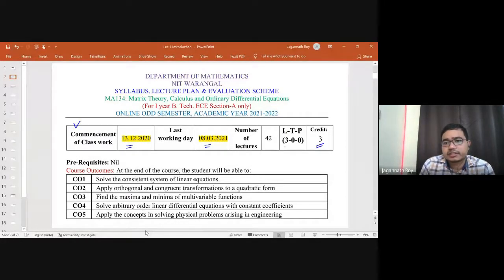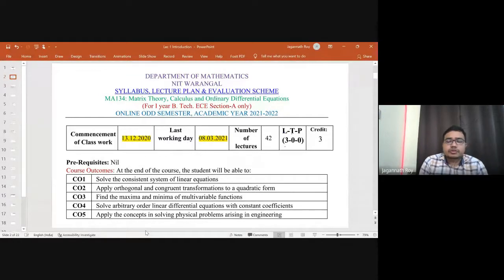So 3 lectures, no tutorial, and no practical also. So it is totally based on lectures. There will be no tutorial. For prerequisite, it is mentioned as nil, but whatever you have learned in class 12 level, that is sufficient to start with this course.